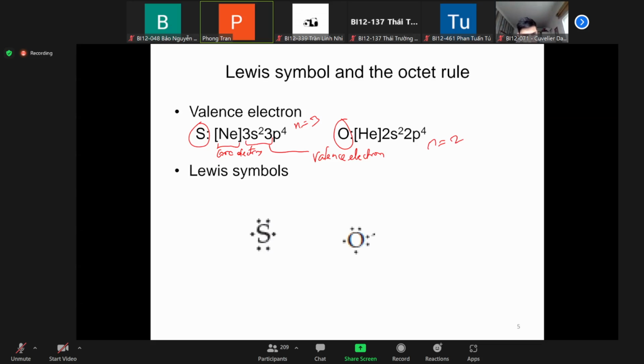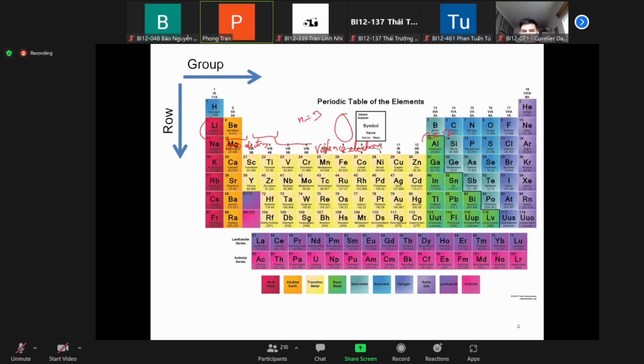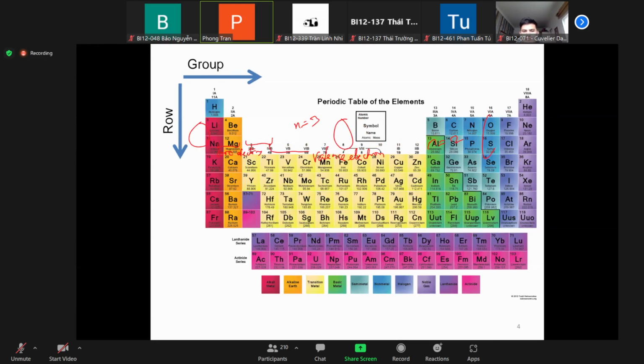So that's why oxygen and sulfur are in the same column, because the valence configuration is s2p4. In total, you have 6 valence electrons, and the valence electrons stand in the orbitals s and p. So that's why oxygen and sulfur stand in group 6A.